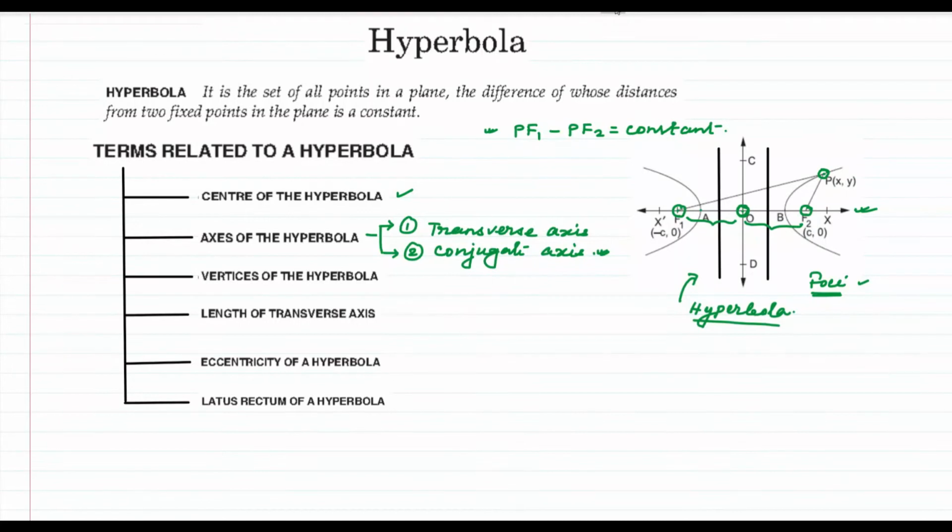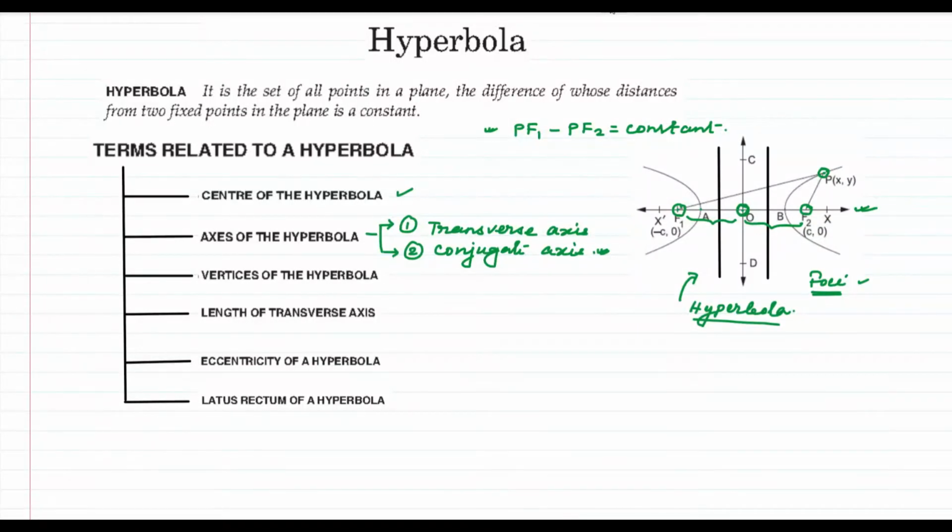Like here you can see the curve meets F1F2, the joining line of the foci, at A and B. So they are called the vertices of the hyperbola. What is the length of the transverse axis? The transverse axis, we already came to know, is passing through the foci. So AB is the length of the transverse axis.